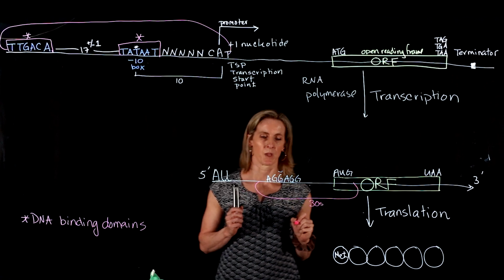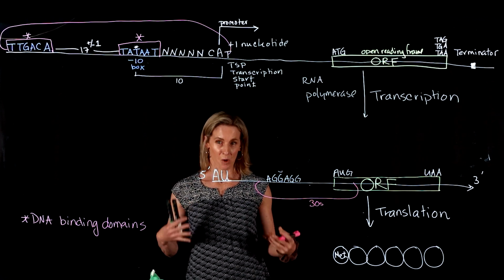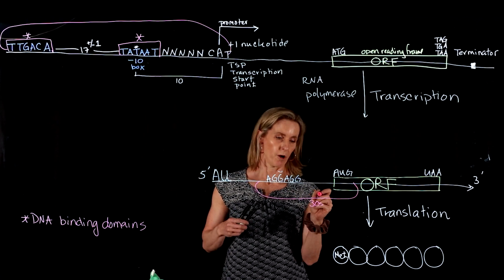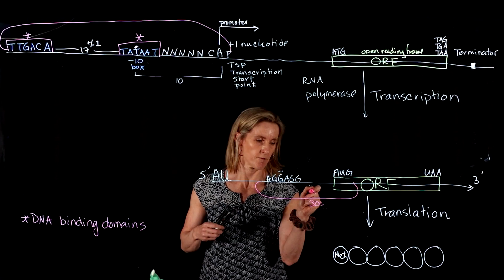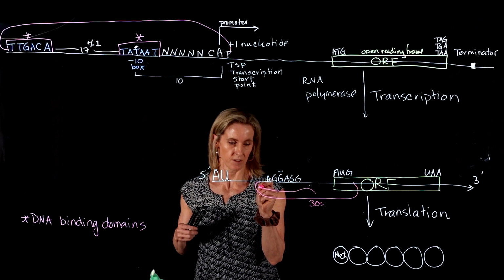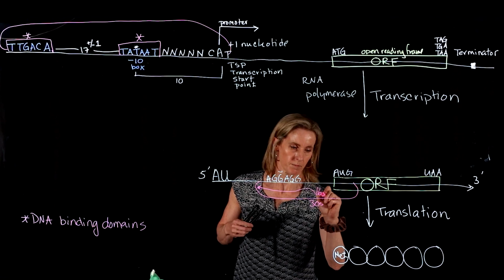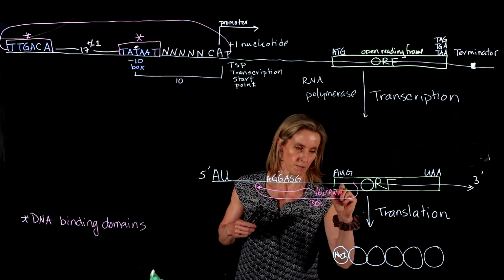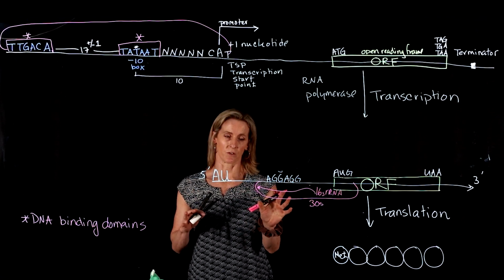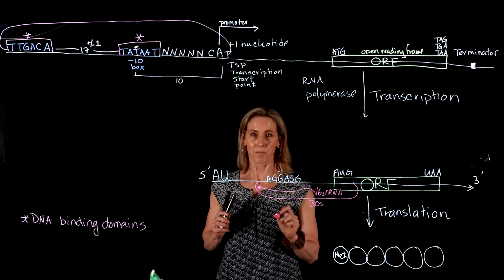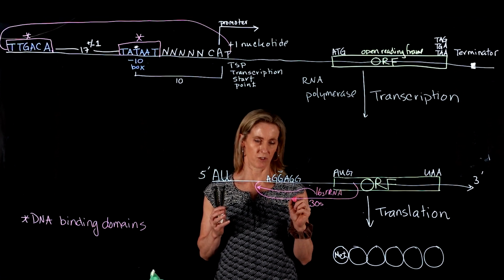Of the ribosome. And ribosomes are mostly made up of ribosomal RNA, including the 16S ribosomal RNA. And it has a sequence that is complementary to the Shine-Dalgarno sequence.